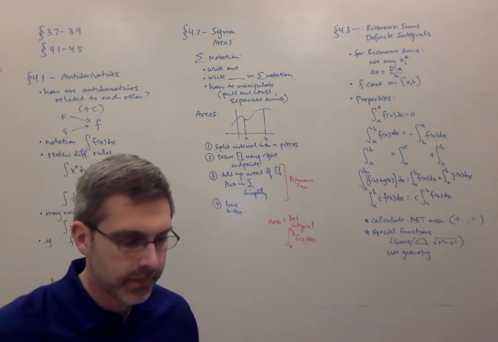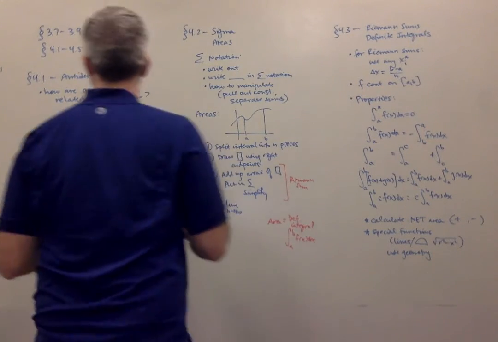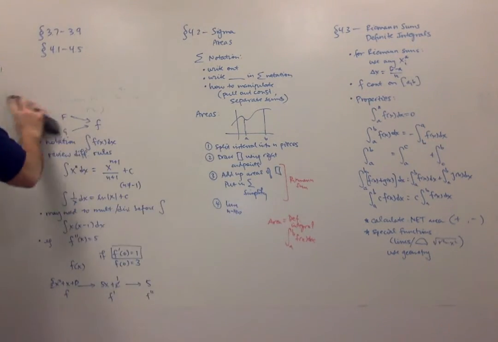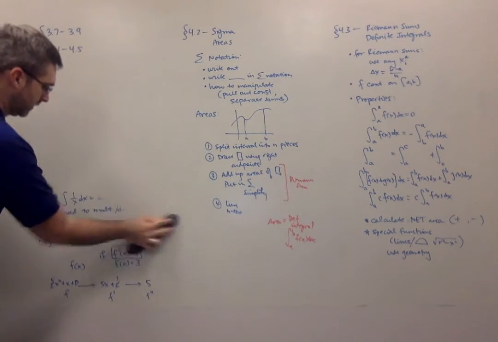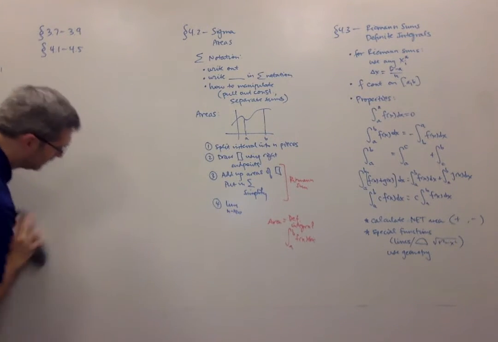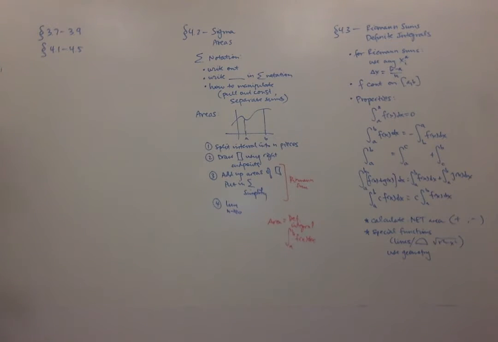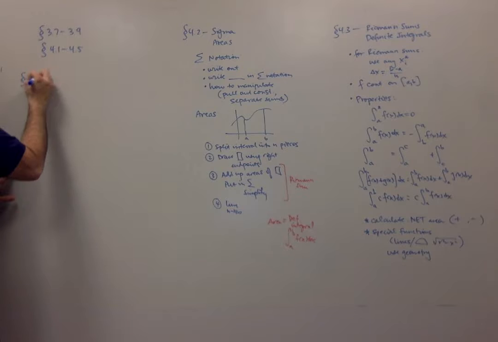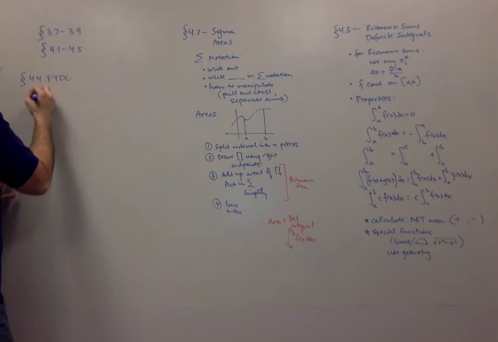All right. So then our final two sections, which are going to feel a lot more familiar now, are section 4.4, which is our fundamental theorem of calculus, which came in two parts.